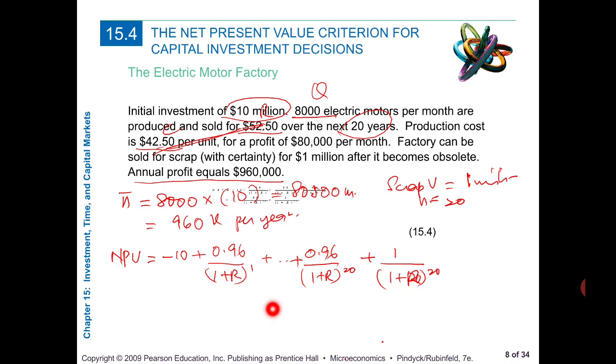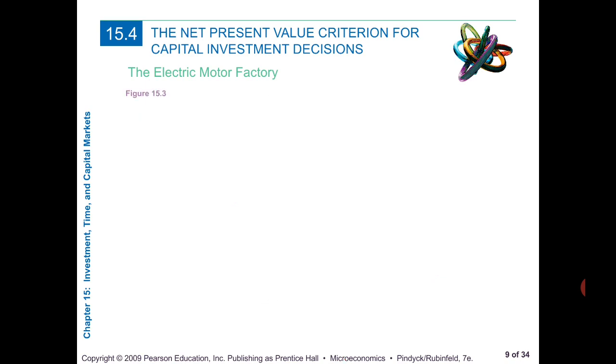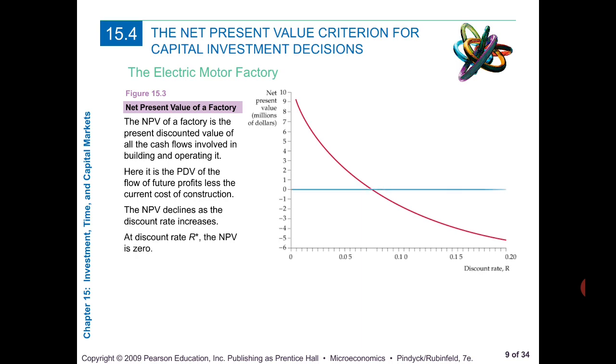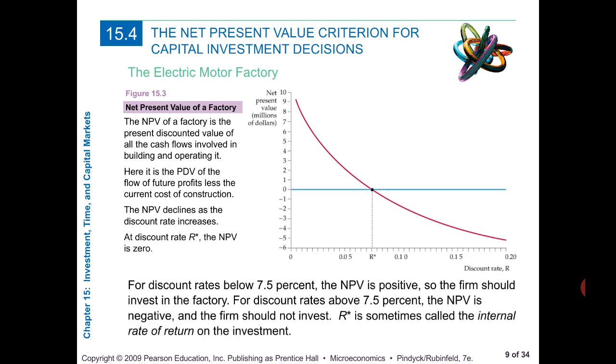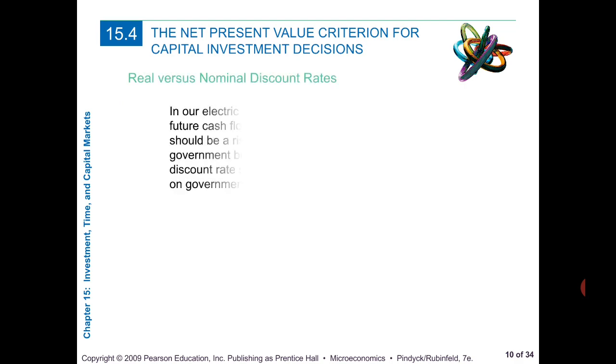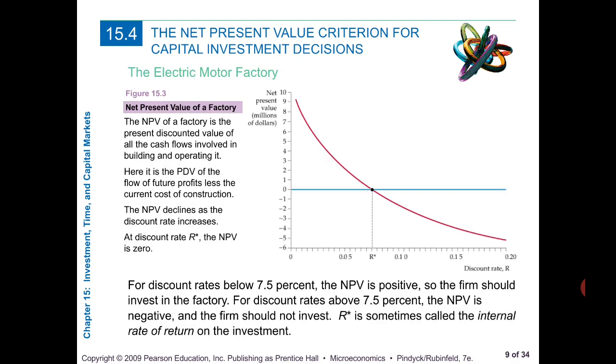Okay. So if you use a yield curve just to look at where it is profitable for you, the rule is to only produce if your NPV is greater than 0.